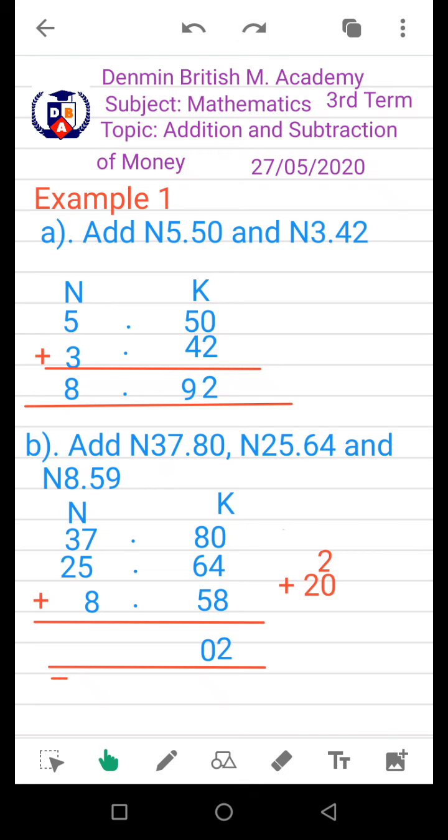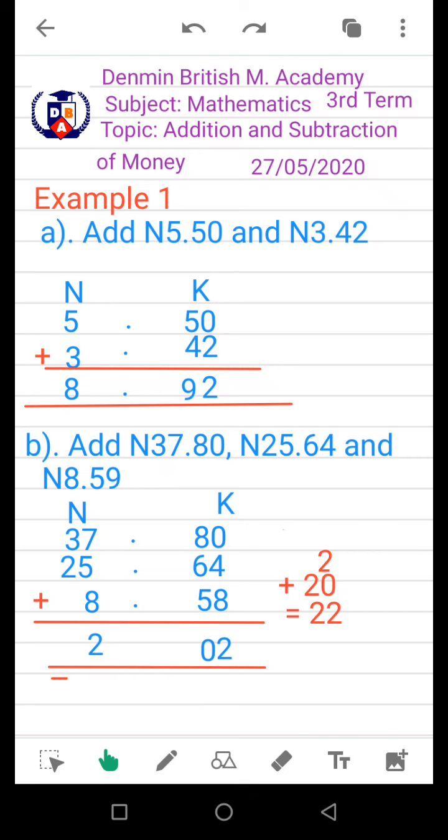7 plus 5 plus 8, the sum total is going to give me 20. 20 plus the 2 I carry is 22, so we are going to put 2 here and carry 2.